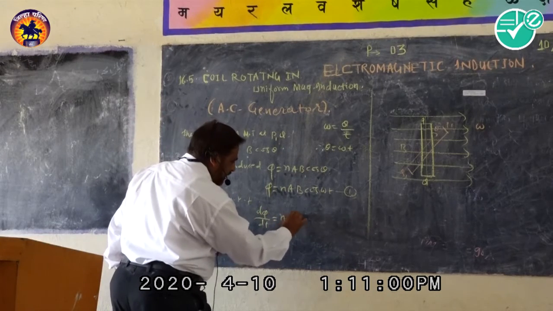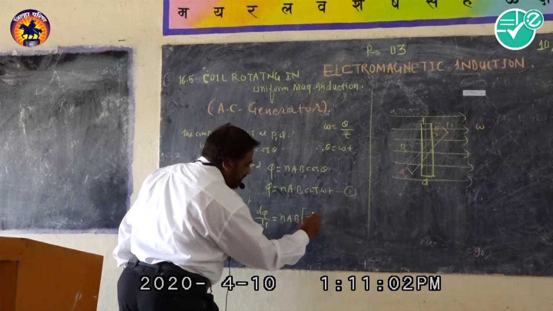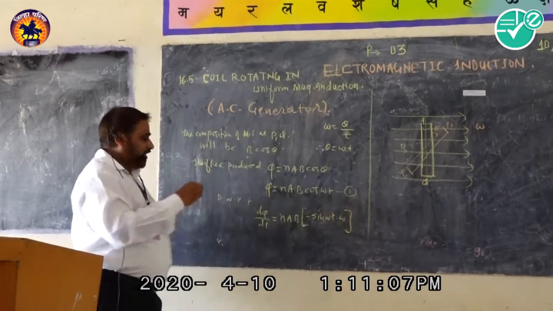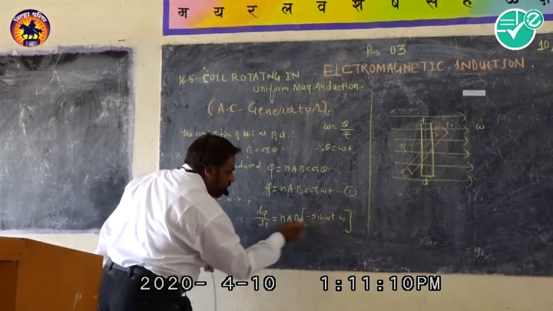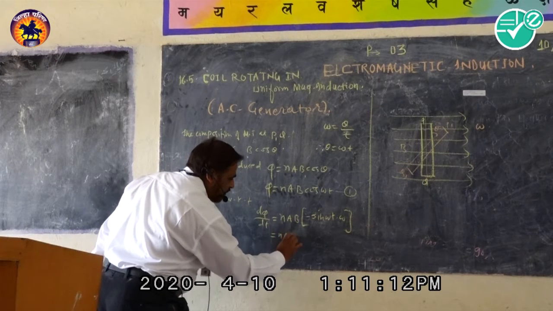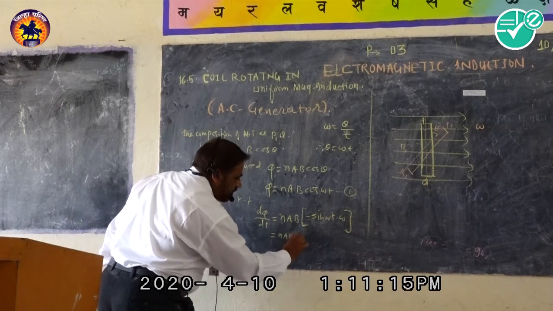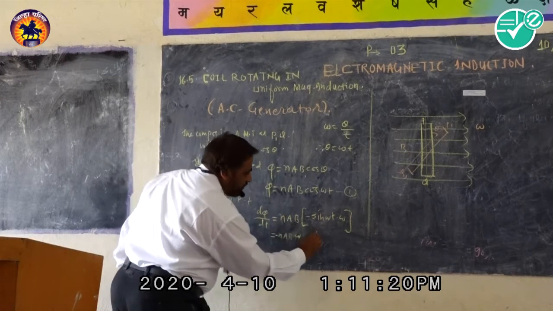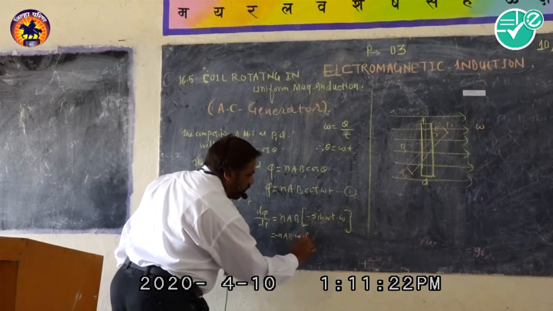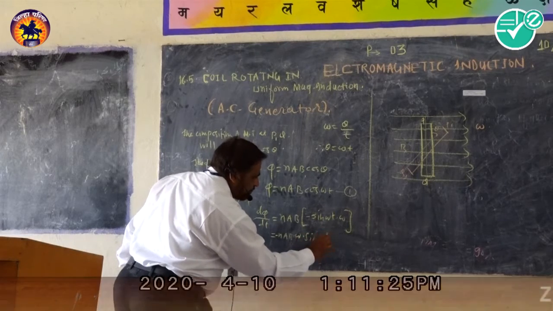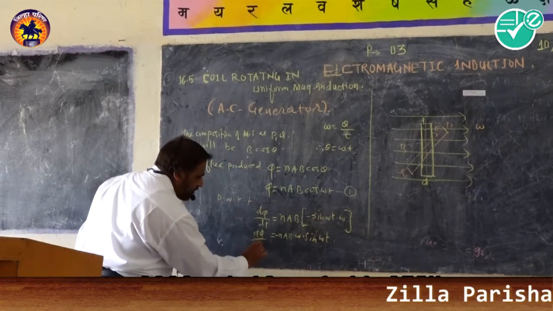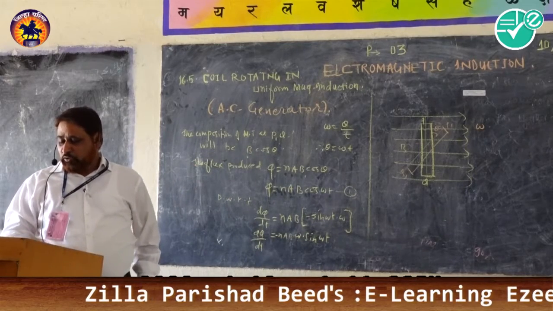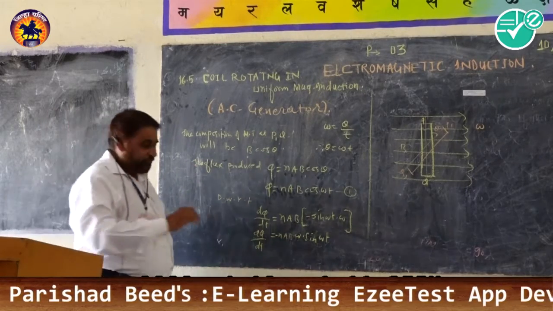Therefore, d phi by dt is equal to minus NAB omega sine omega t. Differentiating that particular equation, we get it like this. So this is equation number 2.